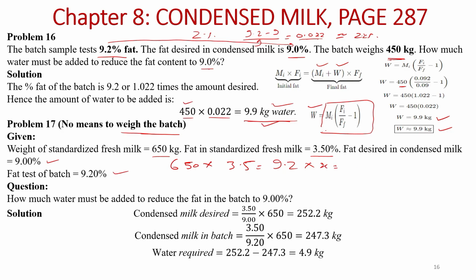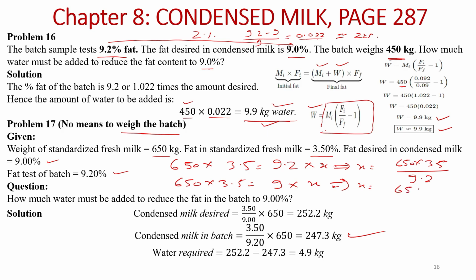So x equals 650 into 3.5 divided by 9.2, which is 247.3 kg. For the desired, 650 into 3.5 equals 9 into x, so x equals 650 into 3.5 divided by 9, which is 252.2 kg.